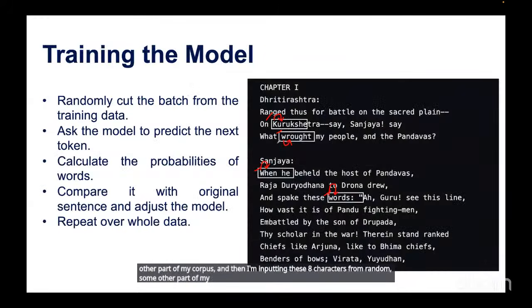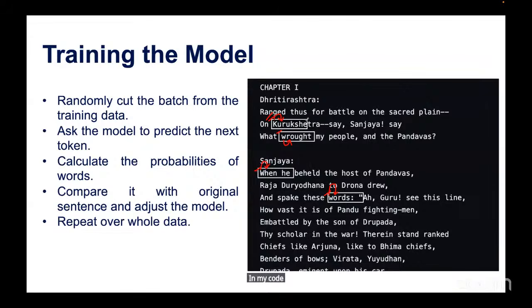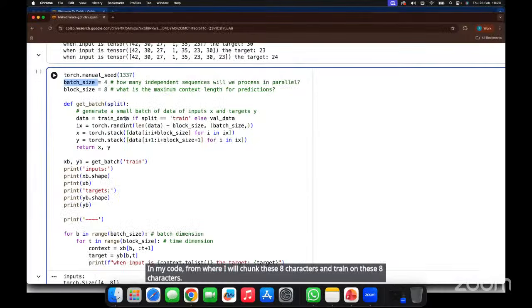So this is the intuition. I'm randomly initializing 4 start points in my corpus from where I will chunk these 8 characters and train on them, to give the parallel property to this data.